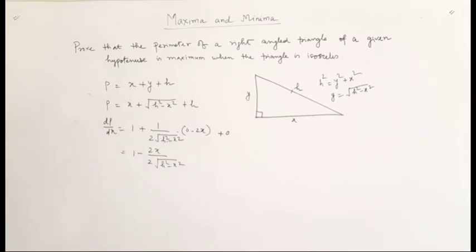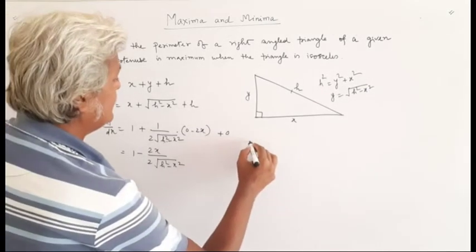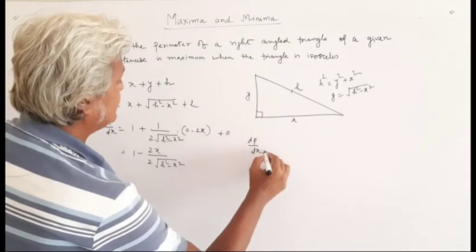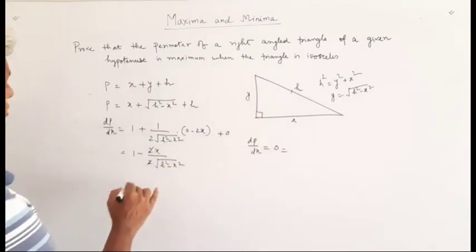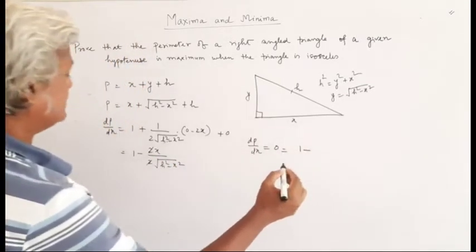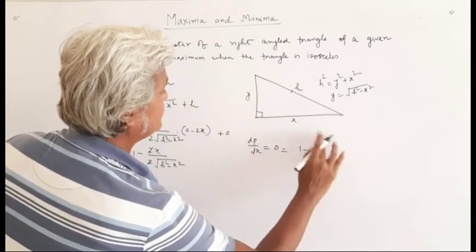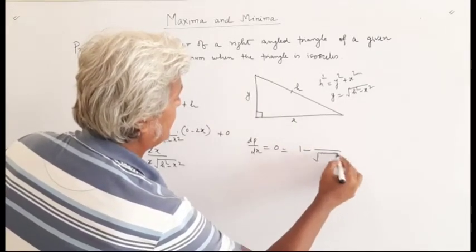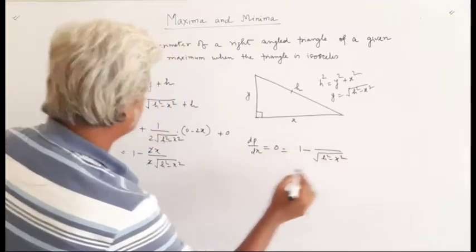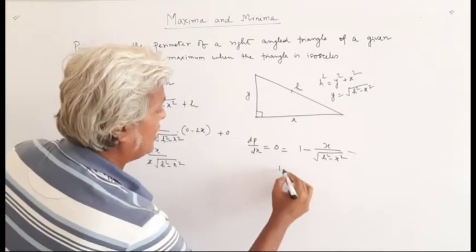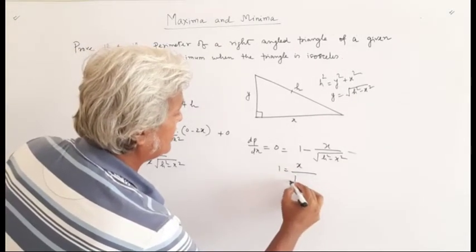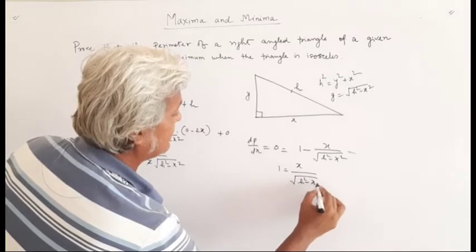Now you know the condition of maxima and minima, that you have to set dP by dx as 0 just to find the value of x. So dP over dx is 0, and now I can cancel this 2 and 2 from here, so that is 1 minus x upon under root h squared minus x squared. So it means 1 equals x upon under root h squared minus x squared.